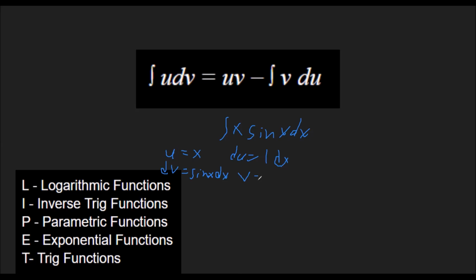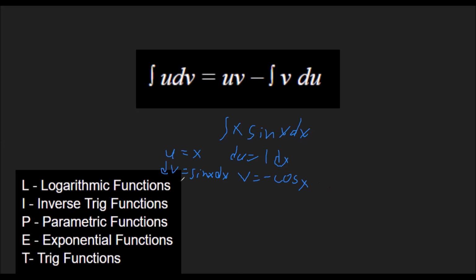And it is clearly just negative cosine x plus c. This isn't really necessary yet, because the plus c will show up in the end, because we're just going to integrate v later. So the plus c isn't really necessary.